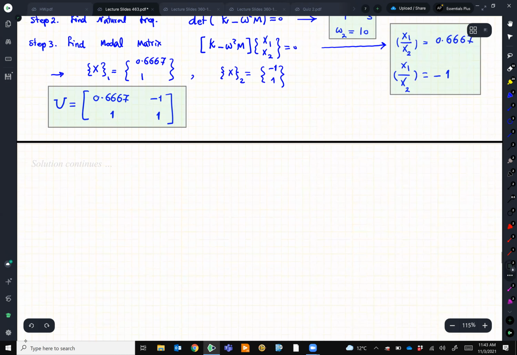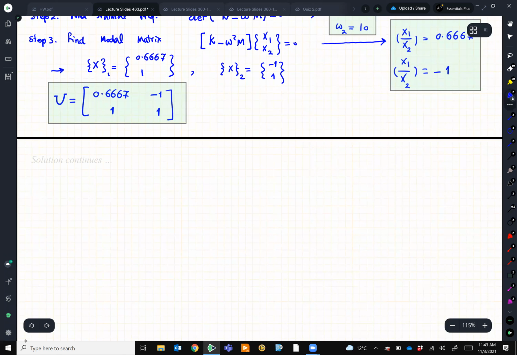The rest is just writing equations and algebra, nothing special. So step number 4, we need to find MD, which is U transpose times the original M times U. By T, I mean transpose.